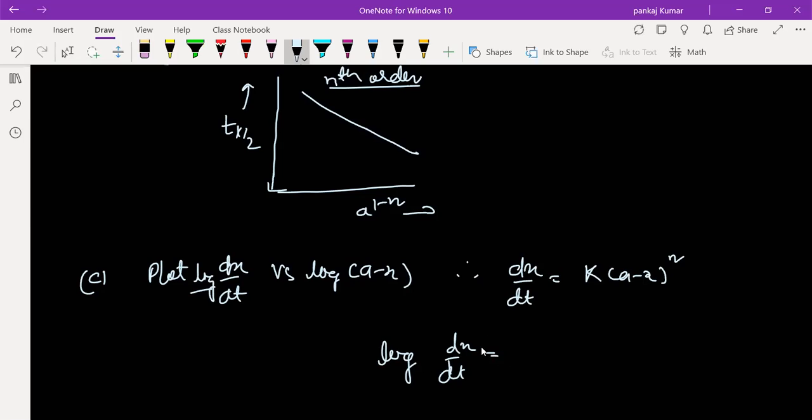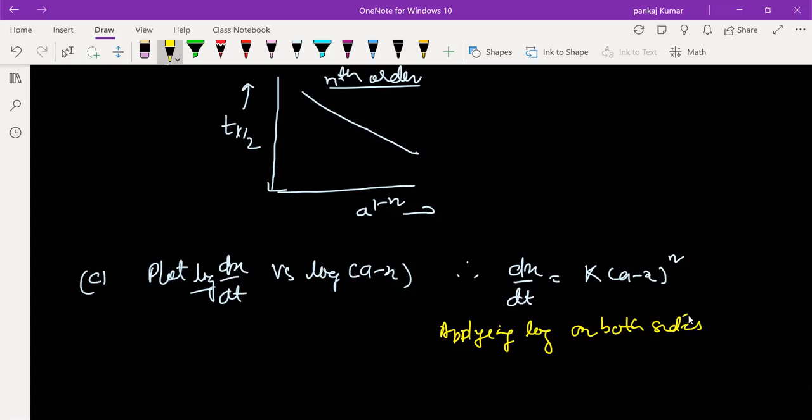Applying the log on both sides, log dx by dt is equal to log k plus n into log (a minus x).